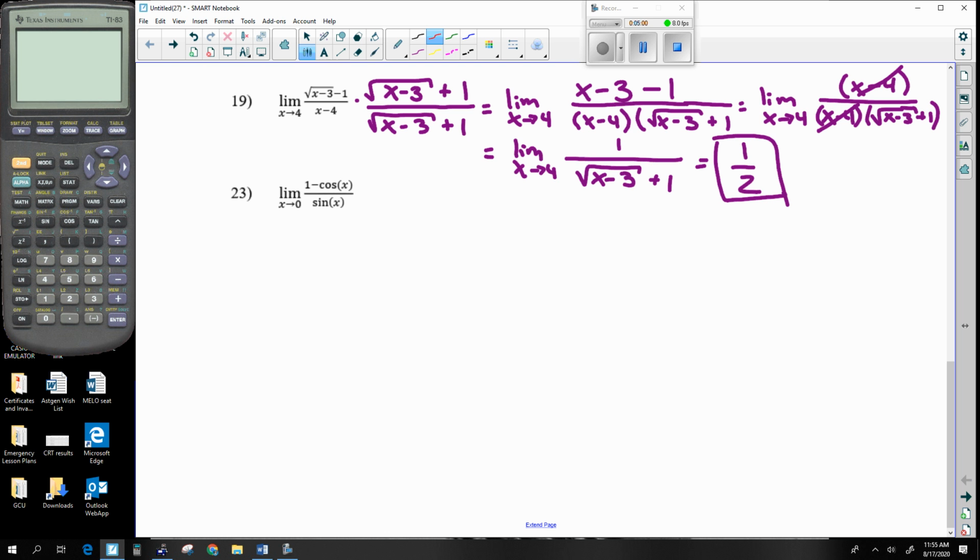Last but not least, sine of 0. Okay, let's see if I just play around with some trig identities. So this is 1 over sine minus cosine over sine.